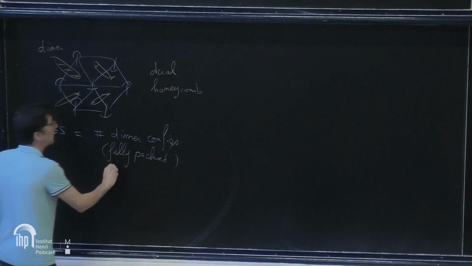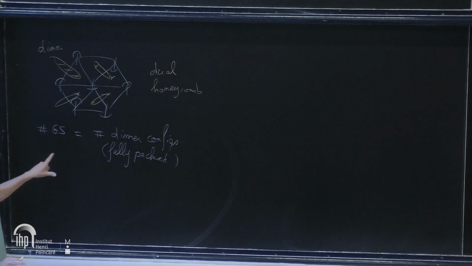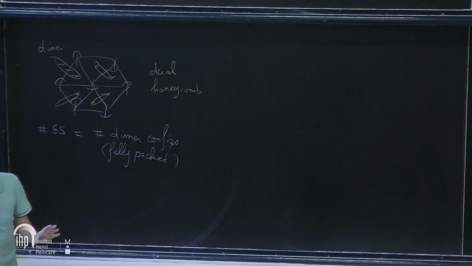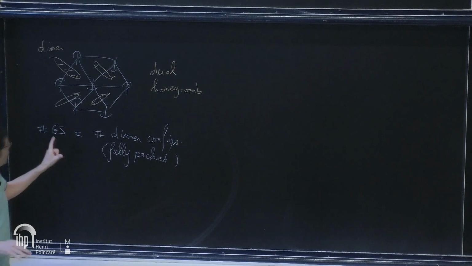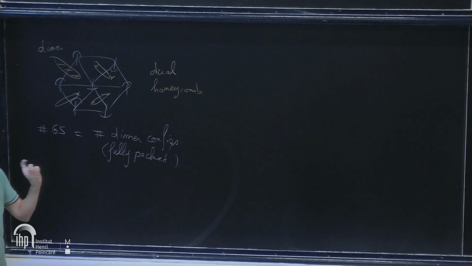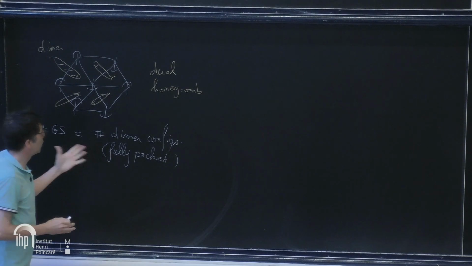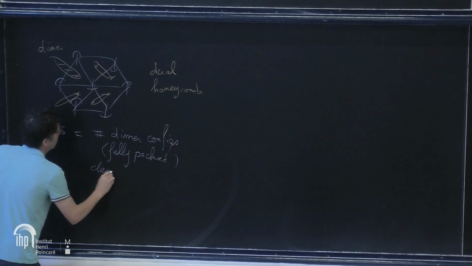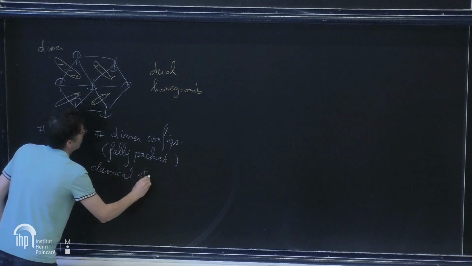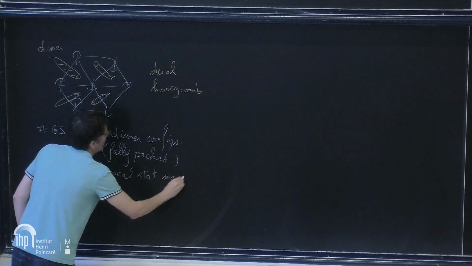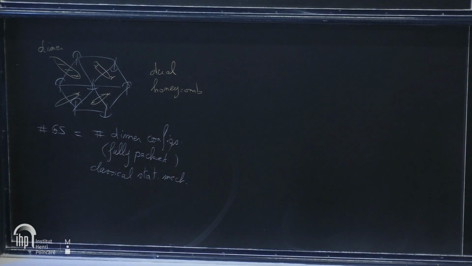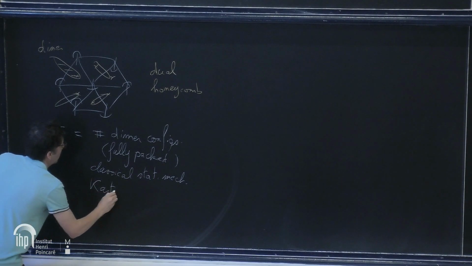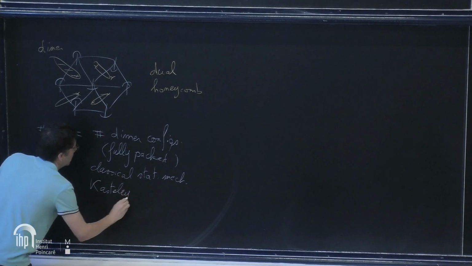For the expert, fully packed dimer means really, you look at the dual lattice, on any graph, you can ask a question: can I put dimers so that every site belongs to one and only one dimer? And this is also a classical stat-mech problem. And this counting problem is solved since the 50s by Kasteleyn and then Fisher.